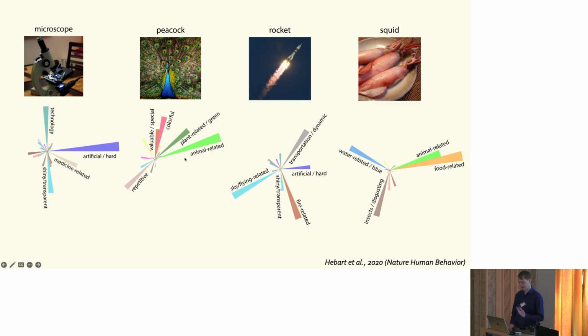You may think that this image of a peacock is related to an animal, it's plant related or green, it's colorful, has a repetitive pattern, or is something special. Or the squid here is food related, but also animal related, related to water or blue, or might be something slimy or disgusting. This is what we got from the ratings.